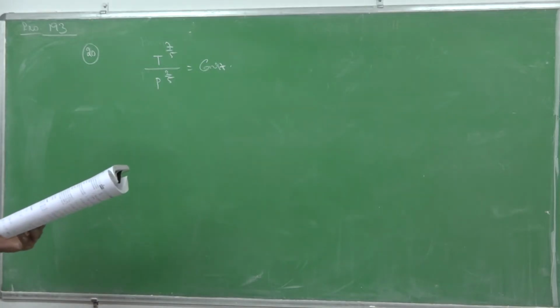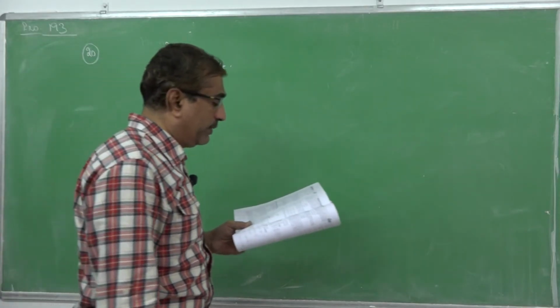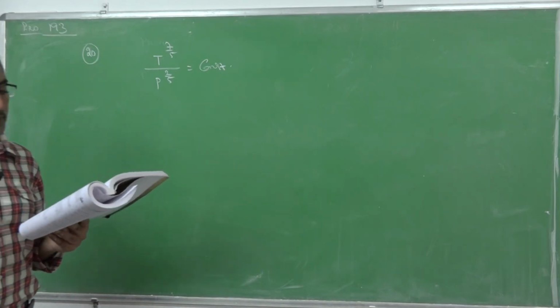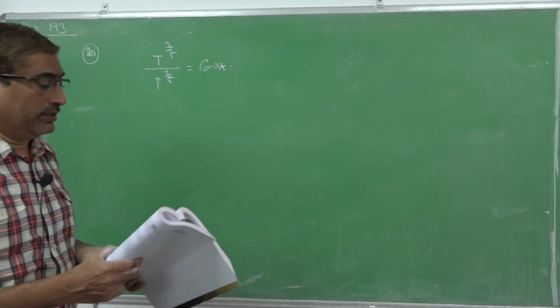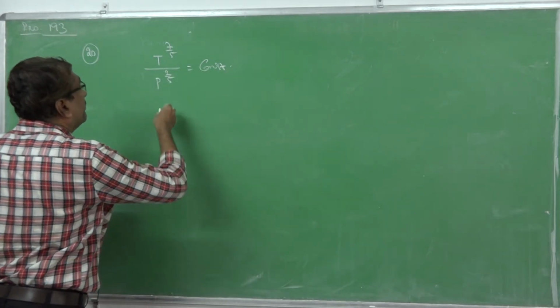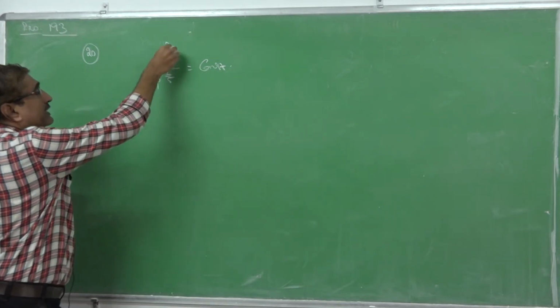Its specific heat at constant volume will be? Now this is given like this. Actually 2 by 5, 7 by 5 means it is in terms of gamma.